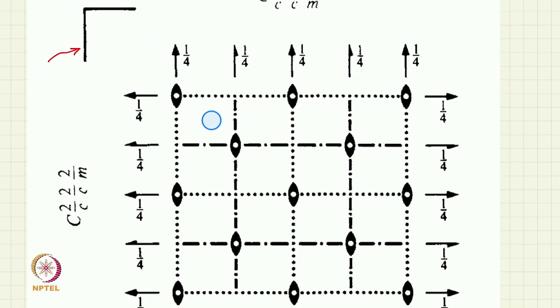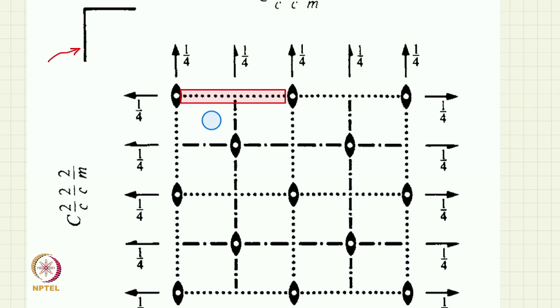In the symmetry diagram we find that one of the symmetries which we have not yet considered is this glide operation. This dotted line is representing a glide operation, and since it is dotted, the glide vector is into the plane of the paper or out of the plane of the paper.